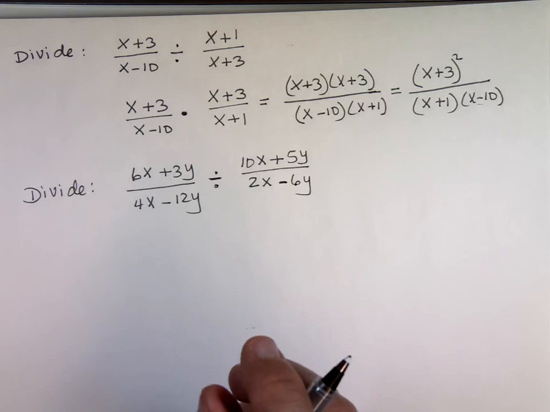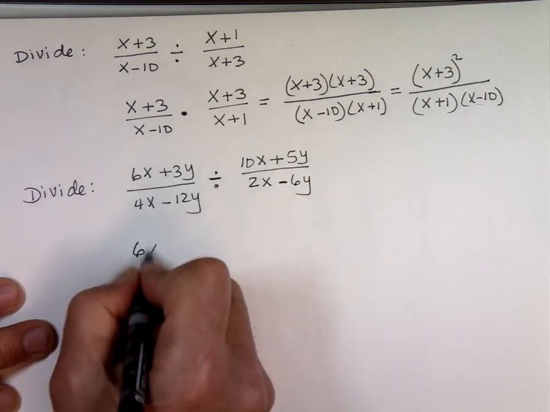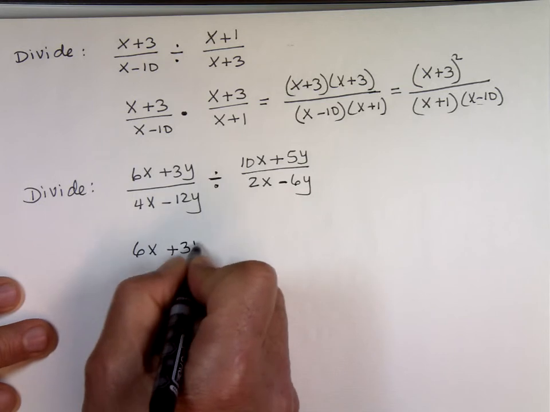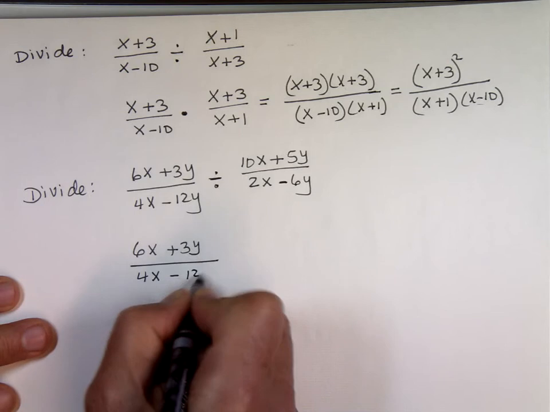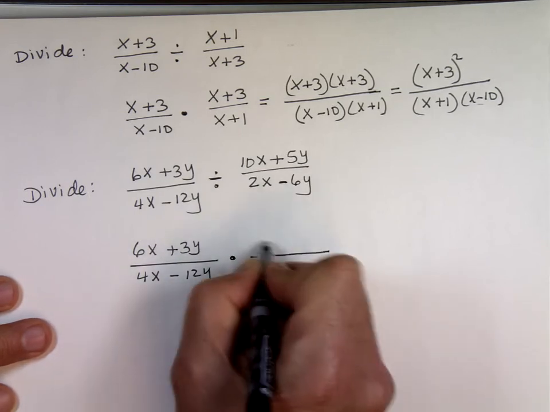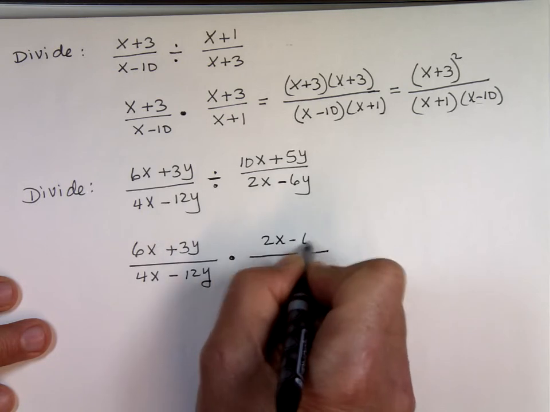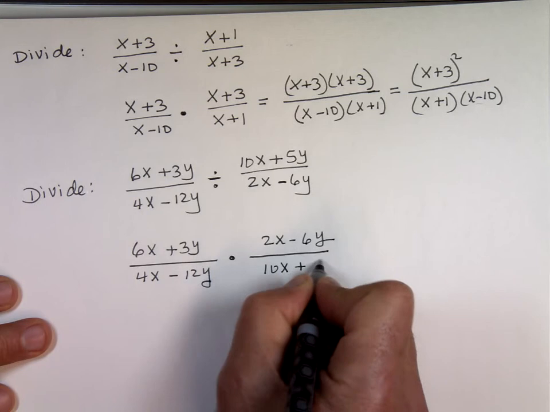Again, my first step is I'm going to rewrite that problem. I'm going to change that division to multiplications. This will be 2x minus 6y over 10x plus 5y. Flip them.